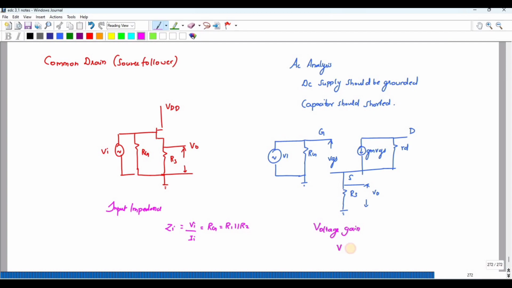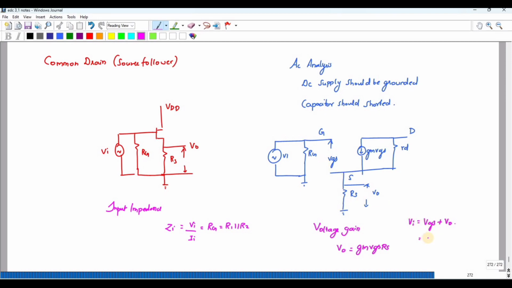So what is V0? V0 is nothing but the current flowing through this terminal, which is gm VGS into RS. Okay. So from the figure I can write VI is equal to VGS plus V0, since VI is connected to the gate and then to ground.